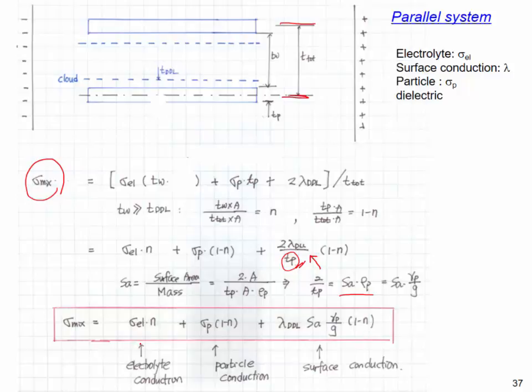as follows. So the first term is the contribution by the electrolyte, and the second term is the contribution by the particle itself, sigma p. Generally, sigma p is close to 0 because it's a very small number, and you have the last part that's the contribution by the surface conduction.